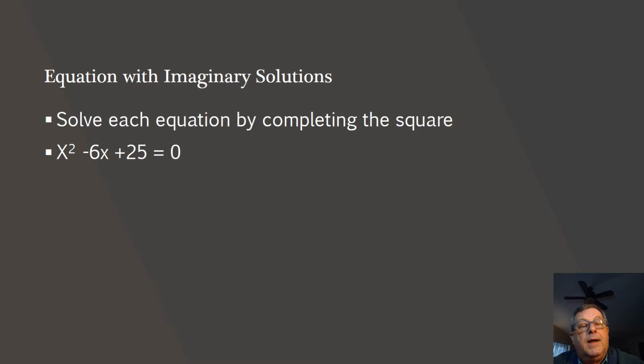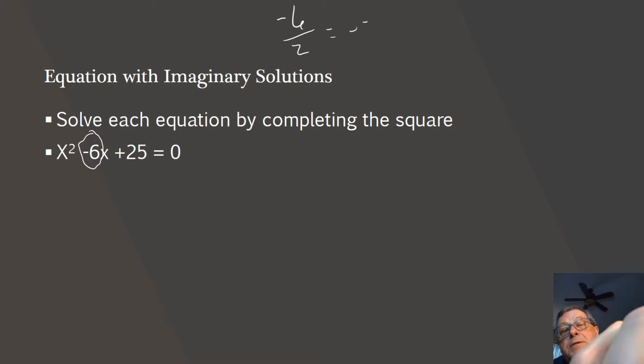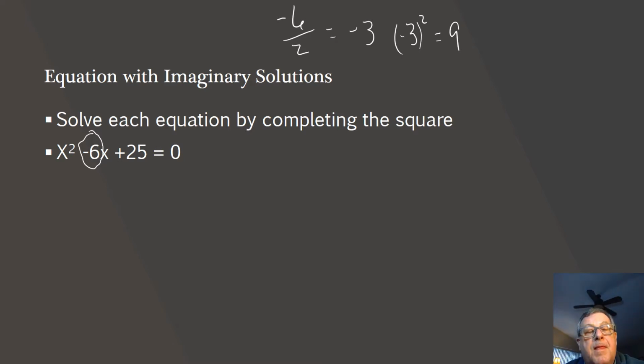And again, we're going to focus on the coefficient of the linear term, that -6. So I'm going to take -6, divide it by 2, and it comes to -3. That's going to be my factor. But in terms of completing the square, we're going to square -3, which of course equals 9.